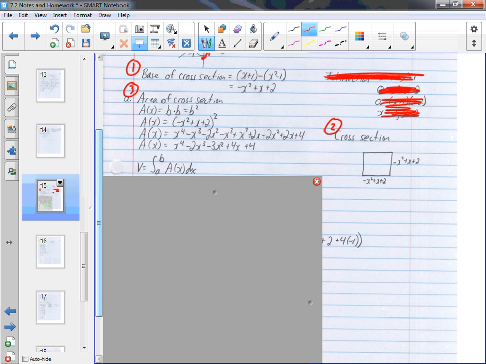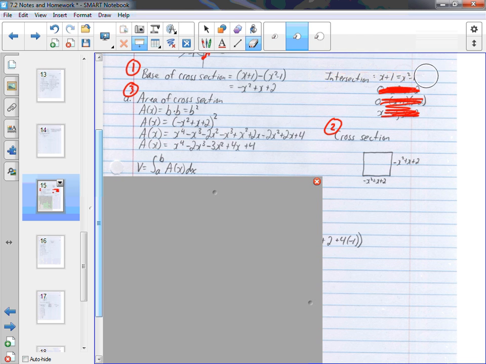So volume equals the integral from a to b of the area of a cross section times the height of the cross section. A of x is the area of the cross section. dx is the height of the cross section. All right. I'm not ready to integrate like I thought I was. Because what's a? What's b?